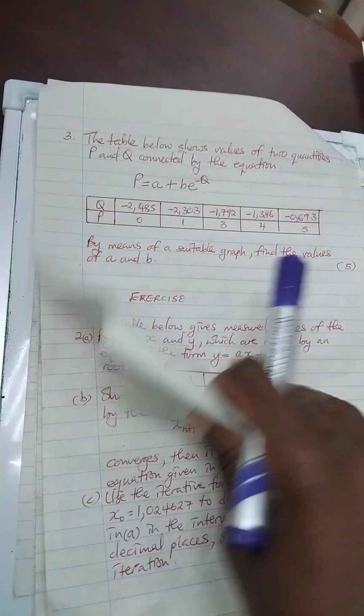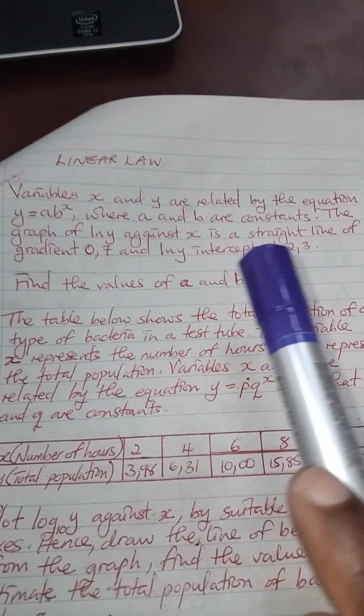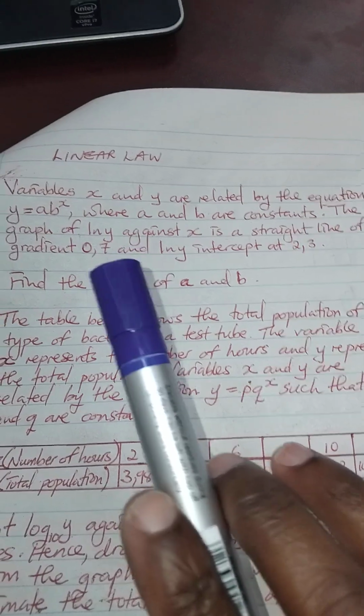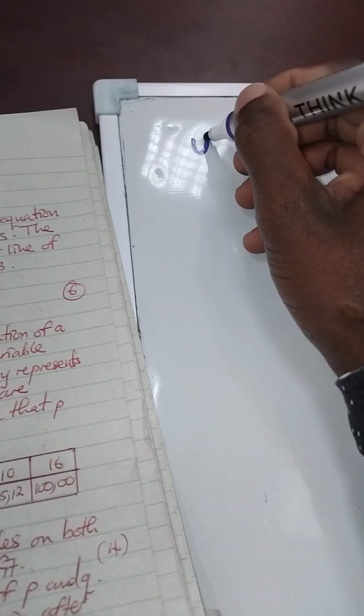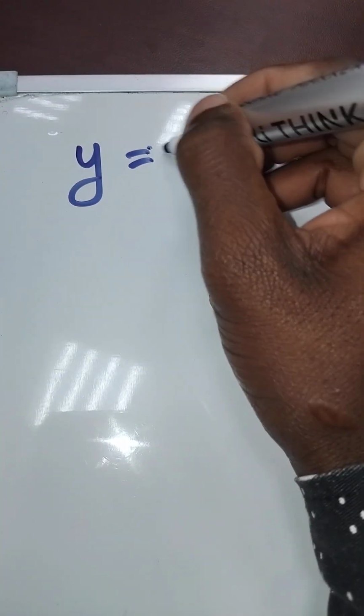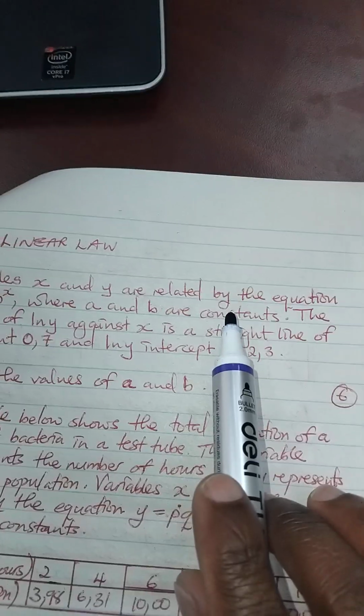So let's start with number 1. You may be given a question like: the variables x and y are related by the equation y is equal to a b to the power x, where a and b are constants.